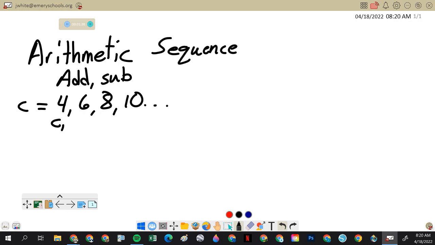The second one would be C sub 2, and C sub 3, and so on. So a sequence has an order and a pattern. Another sequence might be D, which could be 10, 9, 8, 7, and so on.